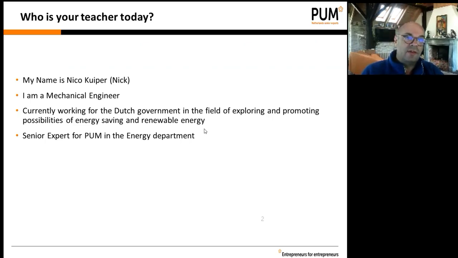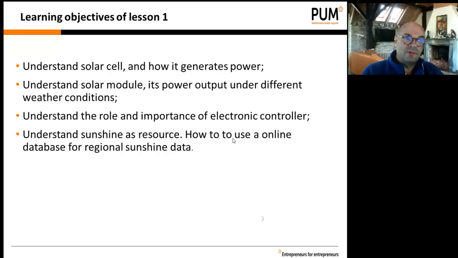I'd like to tell you something about solar energy, the basics of solar energy. We start with understanding the solar cell and how it generates power, but also how a solar module works, how much power it will generate, and the different weather conditions.